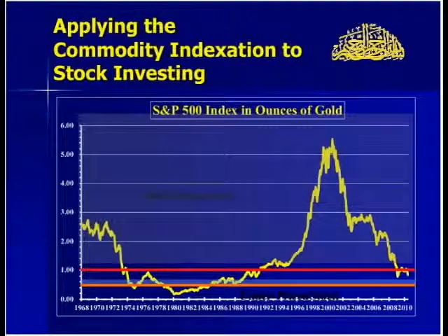I want to show you another interesting application, and I'm sorry I'm giving you bits and pieces, because that's not the intent. The intent is to give you a texture, a feel of what is done and what we can do and expand. This is the S&P 500 index measured not in US dollars, but in ounces of gold.